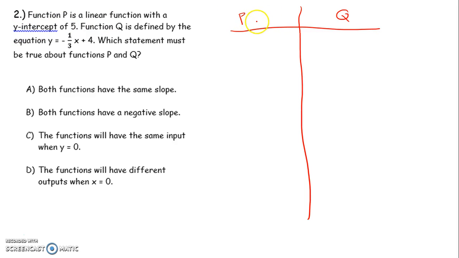We don't know if it has a positive slope or a negative slope. It doesn't tell us that, but we know P is going to be a straight line. The only thing we know is it has a y-intercept of 5. So the only thing we know about function P is it crosses the y-axis up here at 5. That's all the information they give us.